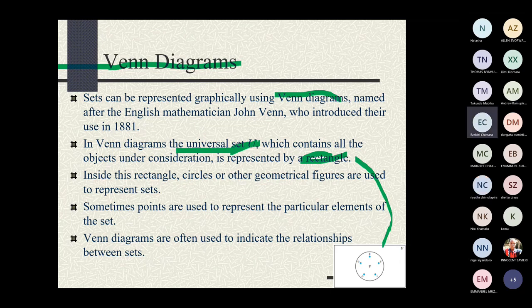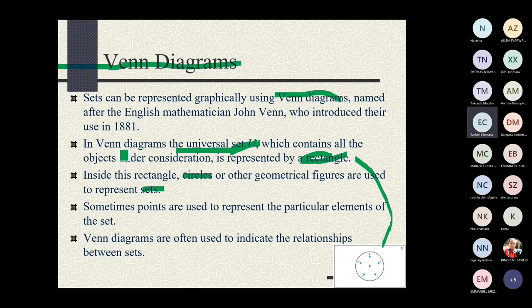So inside this rectangle, they are circles or other geometrical figures which are used to represent what? Sets. So inside this rectangle, you'll be having circles as well as some elements.